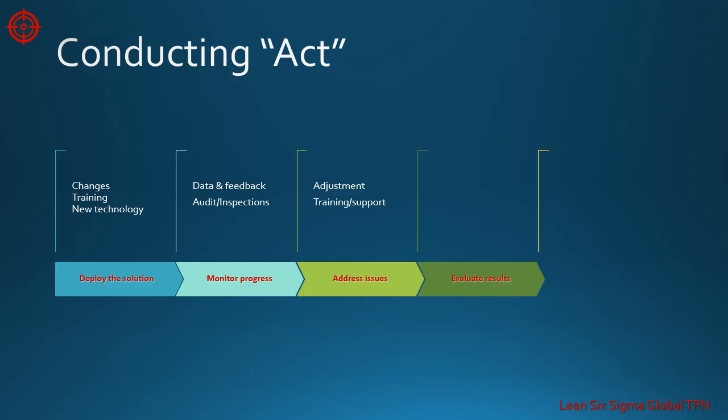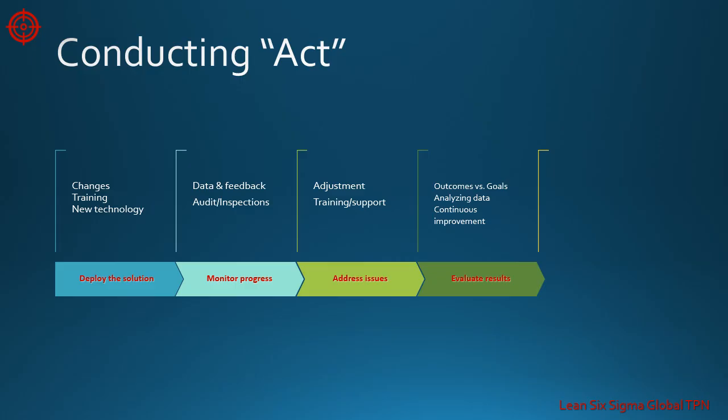Okay, so next we evaluate the results of the implementation process. This may involve comparing the outcomes to the goals and objectives we set previously, analyzing the data collected during the monitoring process, and identifying areas for improvement.